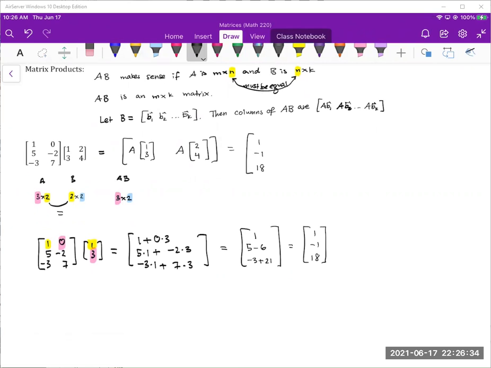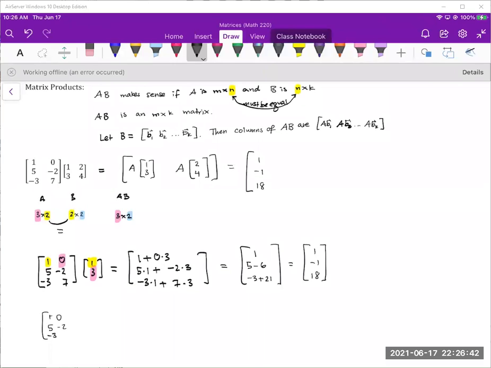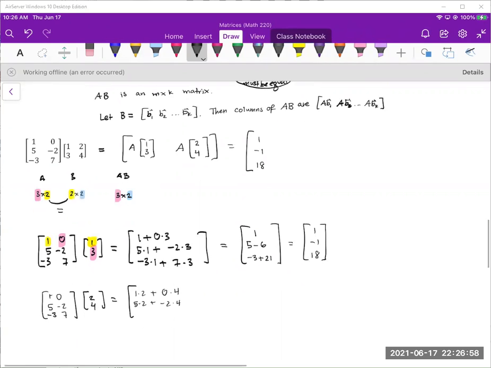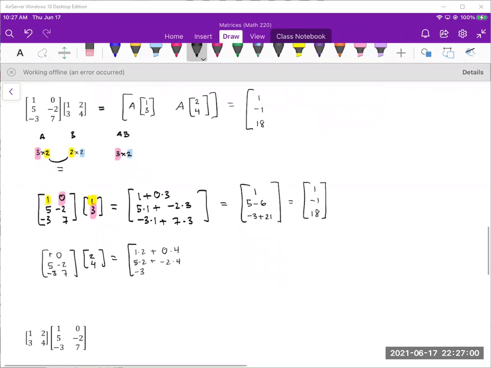Our second column we get by taking our matrix A and multiplying it by the second column, which was 2, 4. So this will be 1 times 2 plus 0 times 4, 5 times 2 plus negative 2 times 4, negative 3 times 2 plus 7 times 4.